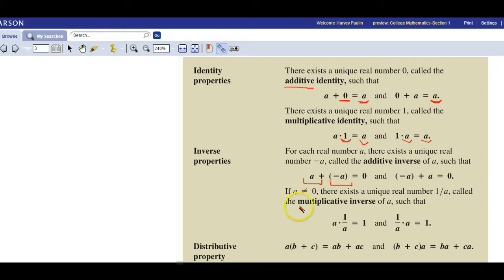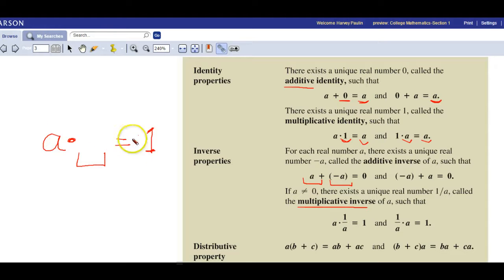Now we have another which is called a multiplicative inverse. If we have A and we want to multiply it by something, so the result is a 1, that is its multiplicative inverse.